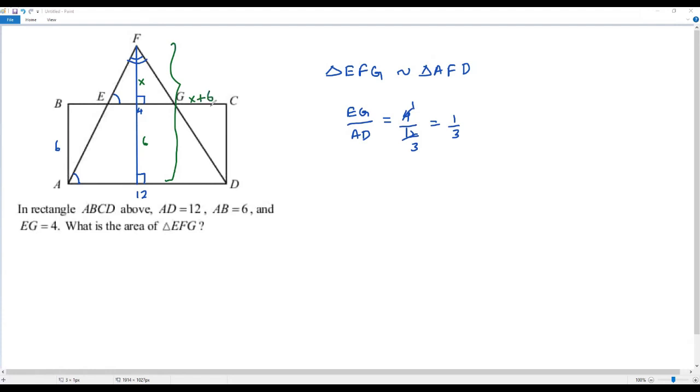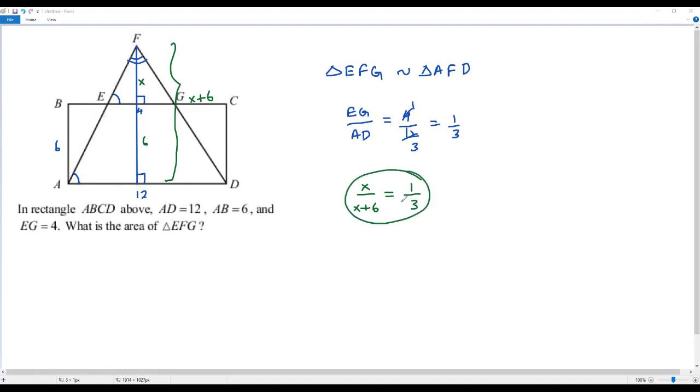Let me write it over here. Let me take the ratio of the heights of the two similar triangles. The height of the smaller triangle is x, and the height of the bigger triangle is x plus 6. As I said earlier, in whatever ratio we have the corresponding sides of the two similar triangles, in the same ratio we have their heights, that is x over x plus 6 equals 1/3.